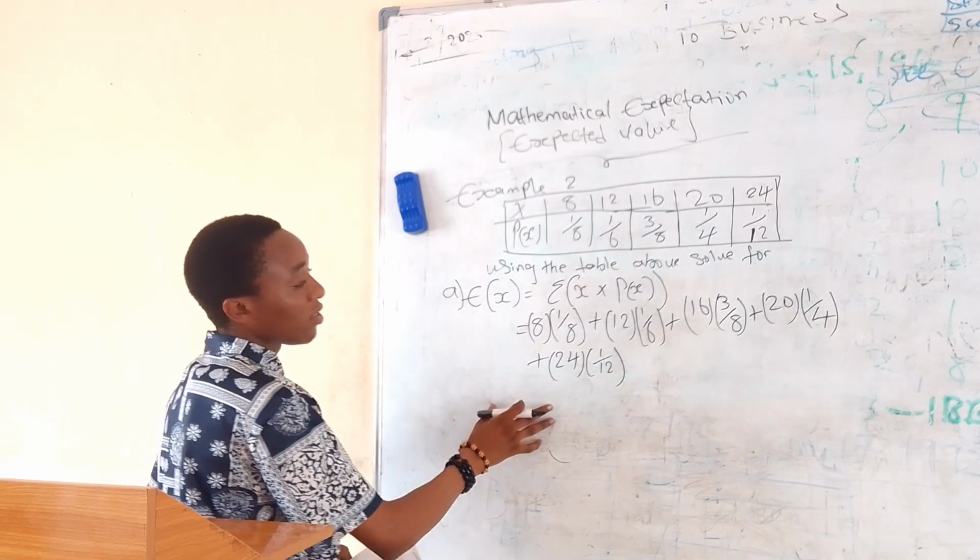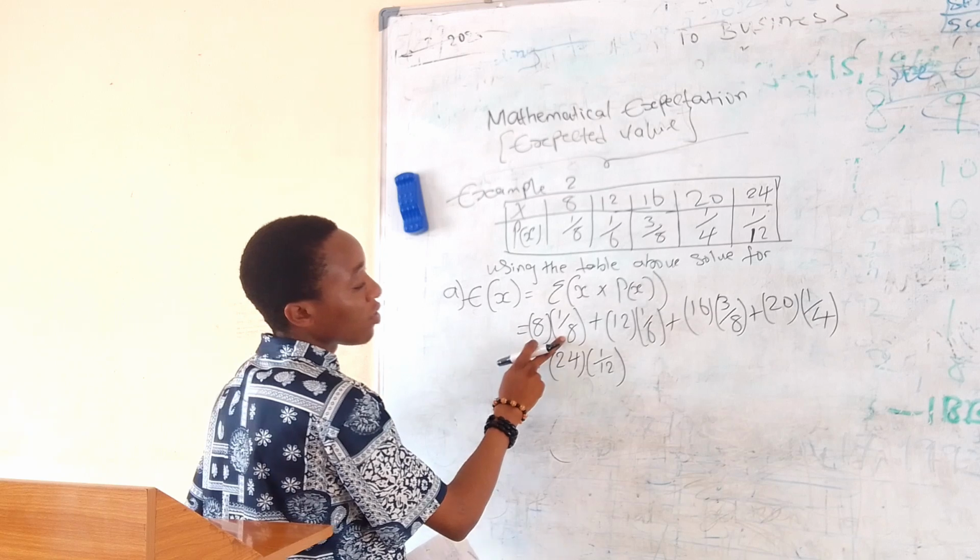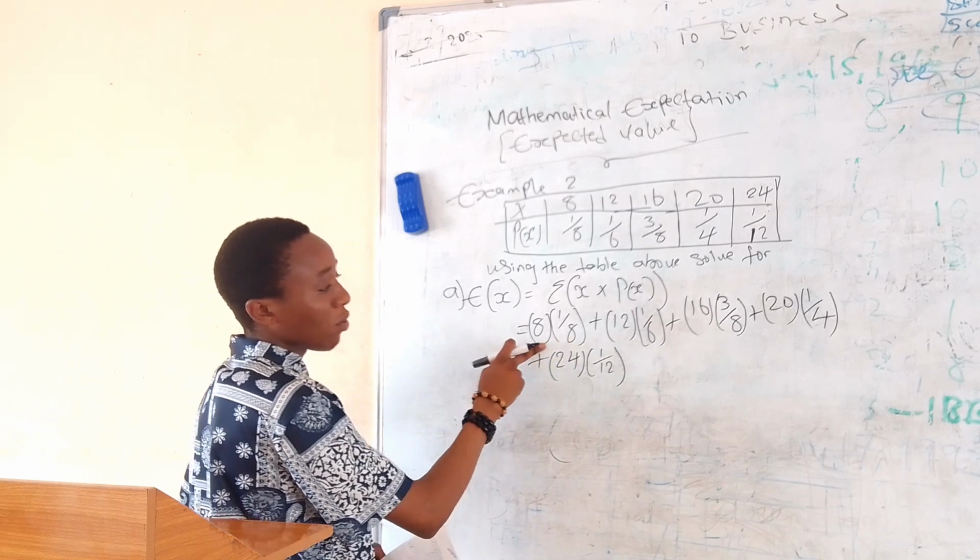Now the next thing you have to do is to divide the probability so you can multiply it by the outcome.